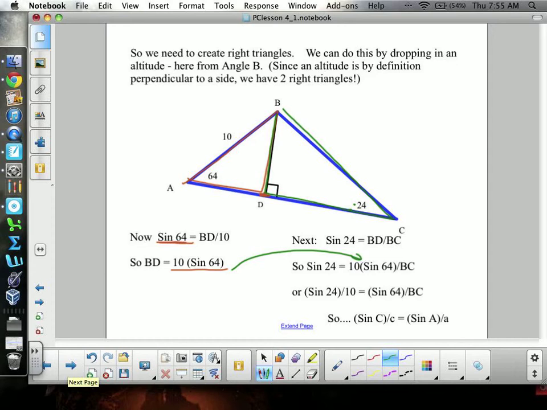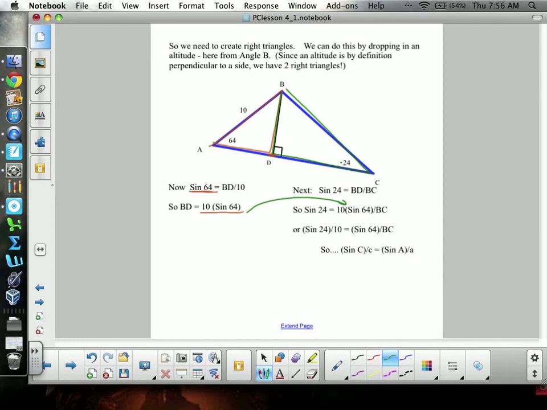Rearranging that by dividing both sides by 10, I get sine 24 over 10 equals sine 64 over BC. In the general case, the 24 degree angle was angle C, so sine of angle C over side C, the side opposite C, equals sine of angle A, 64, over the side opposite A, which is BC.